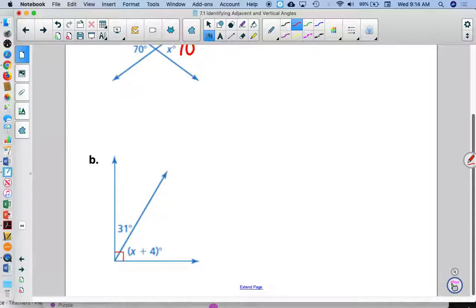Somebody tell me how they want to do it. How do you want to do it, sir? I put 90 minus 31 degrees equals x plus 4. But does it equal x plus 4? 90 minus 31? Shouldn't it? That would be one way. Okay.